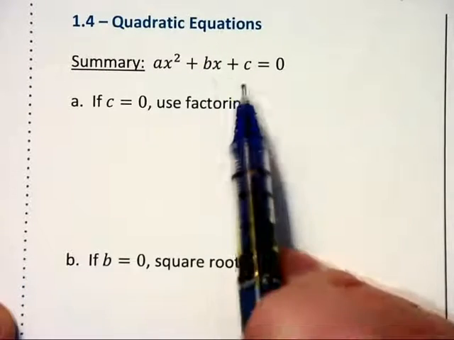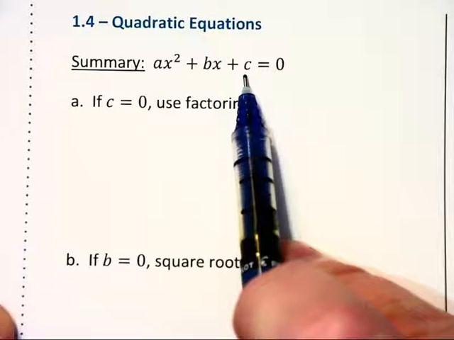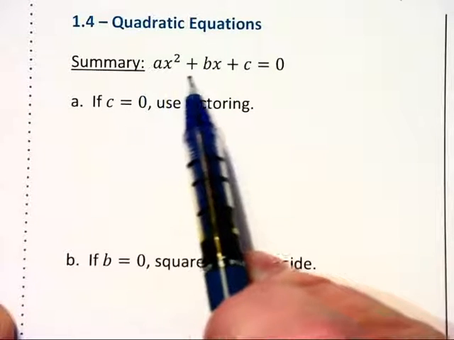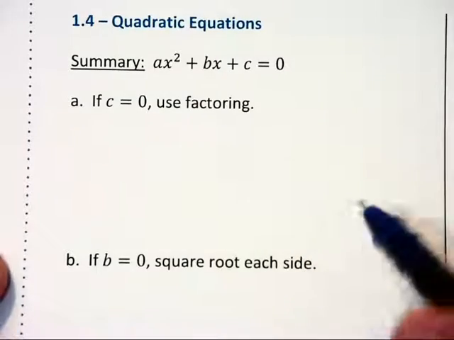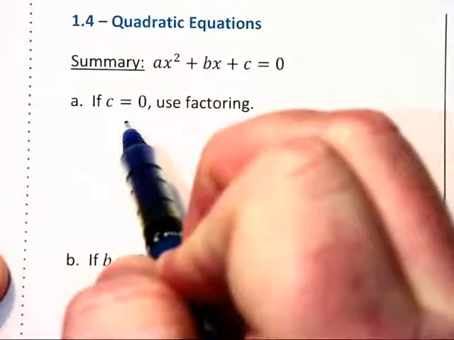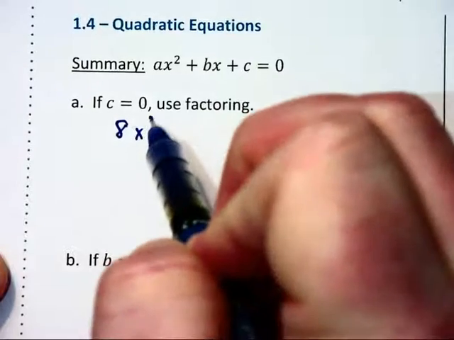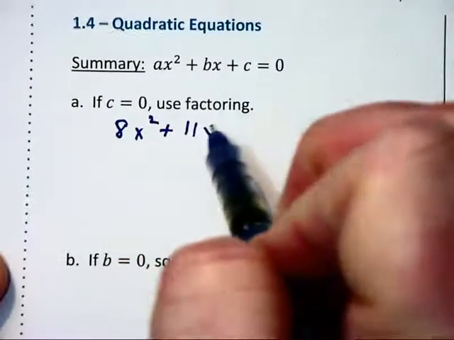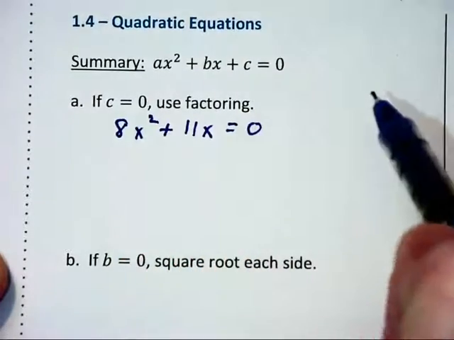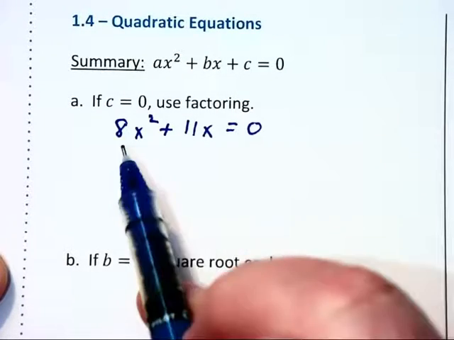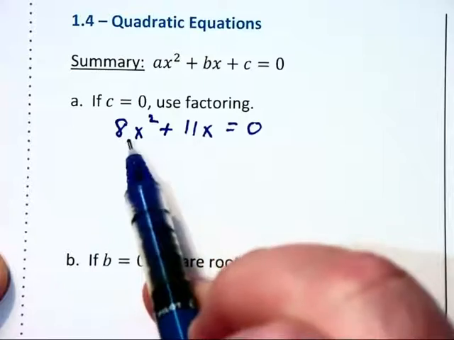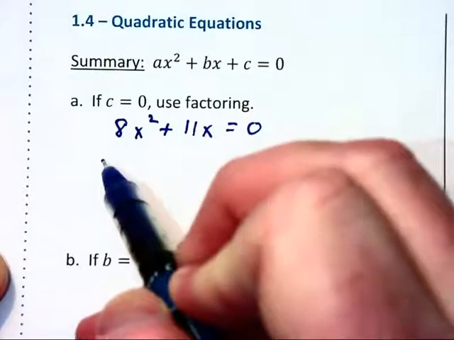In the first case, we're going to let c equal 0, leaving just ax squared plus bx equals 0. Let's choose some numbers for a and b. Let's go with 8x squared plus 11x equals 0. Whenever c is equal to 0, there is no constant term, and therefore an x can be factored out of the first two terms here.